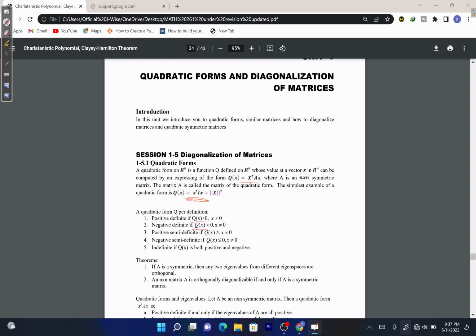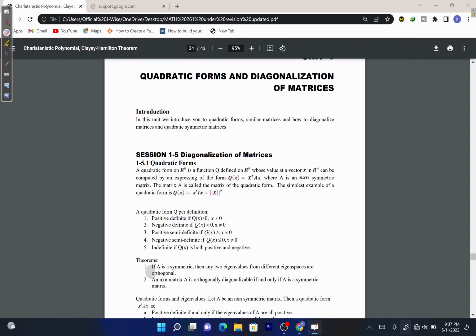It is positive semi-definite if Q of x is greater than or equal to 0. It is negative semi-definite if Q of x is less than or equal to 0. And it is indefinite if Q of x is both positive and negative. I hope it is clear.